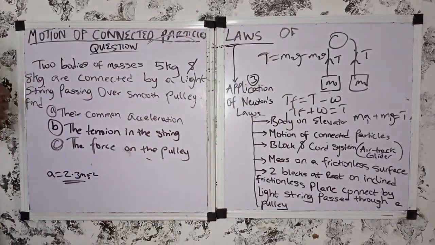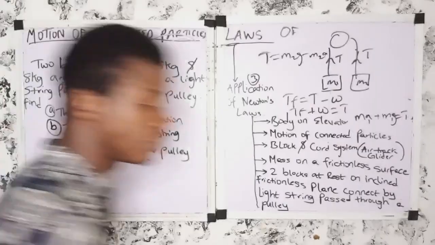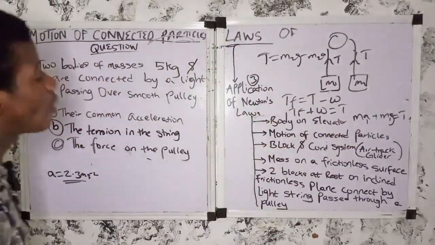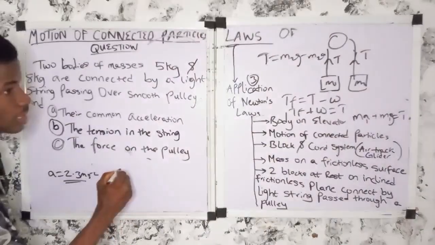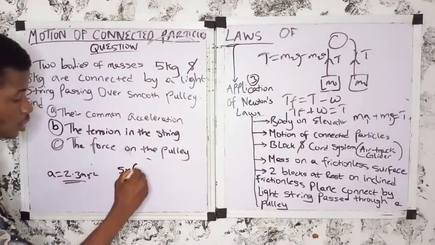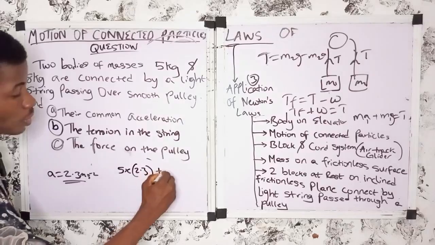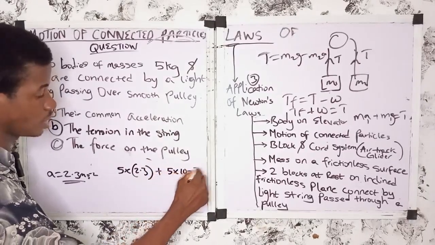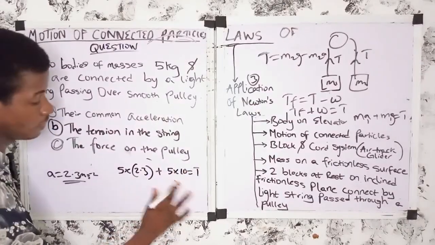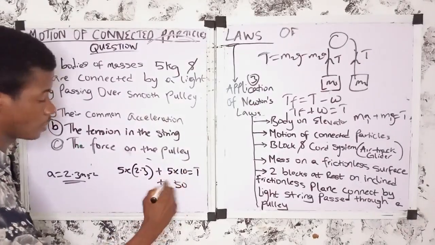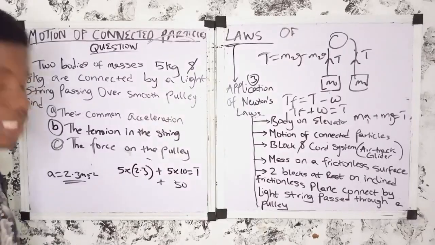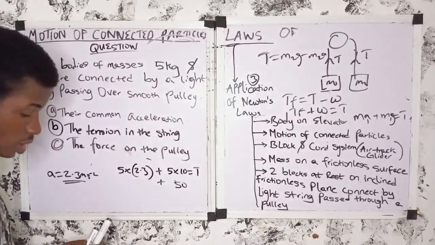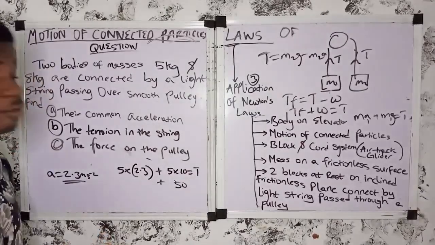We know our acceleration to be 2.3, so let's look for the tension. Let's use this one first. M1 is 5, times acceleration 2.3, plus M1, which is 5, times 10, equals T. 5 times 10 gives us 50, then plus 5 times 2.3, which gives us 11.5.